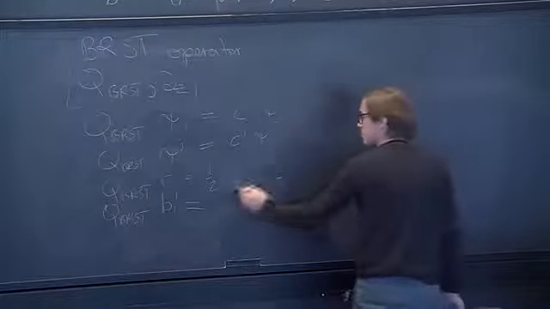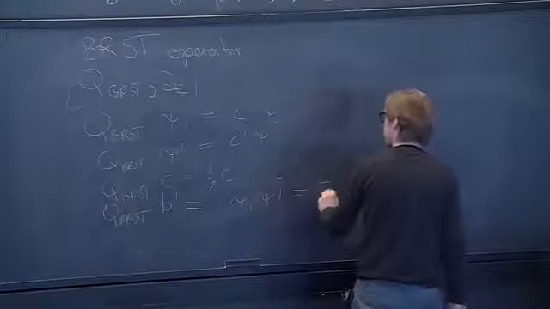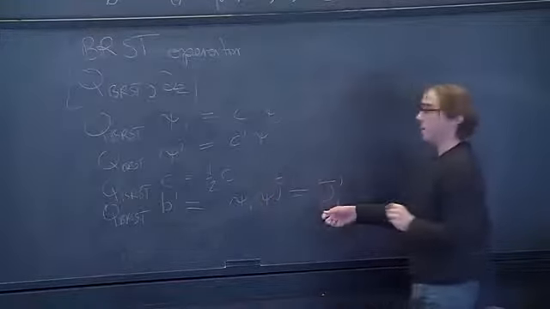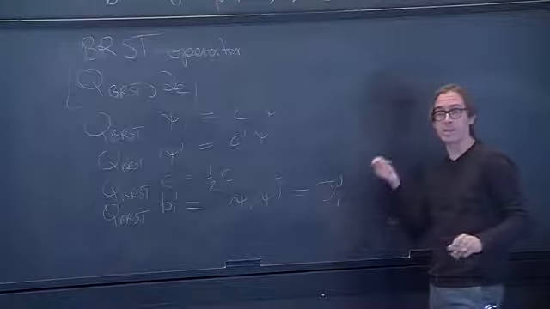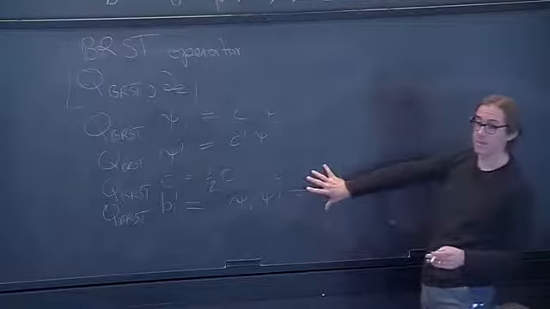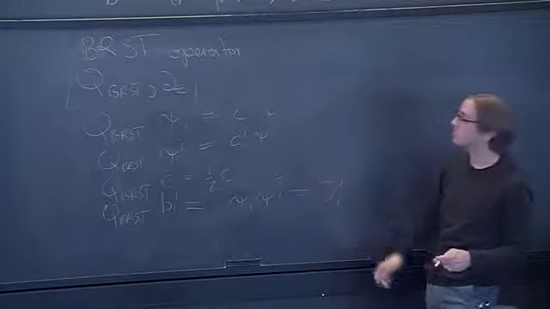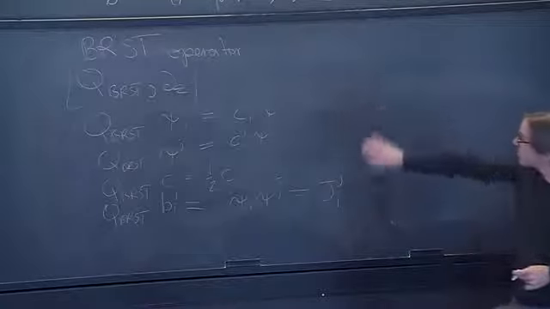This operator psi_i psi_j is also called a current. It's the current which generates the Kac-Moody action, this chiral theory with U(N) symmetry. So this is the standard construction.